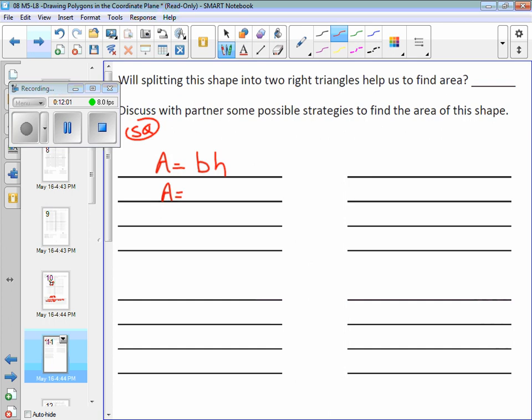All right, I'm ready for you. Base measurement, height measurement. 6. Area. Oh, sorry. Be careful. Don't add it. Don't worry about units right now because it's not our final answer. Triangle 1. Go do triangle 1.